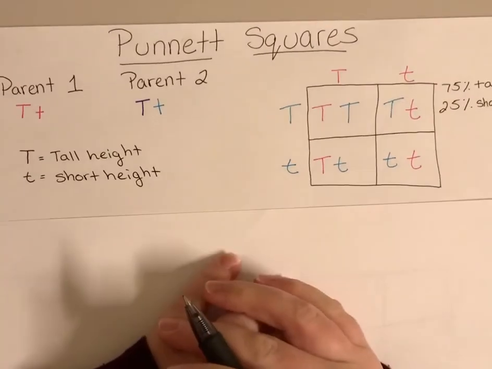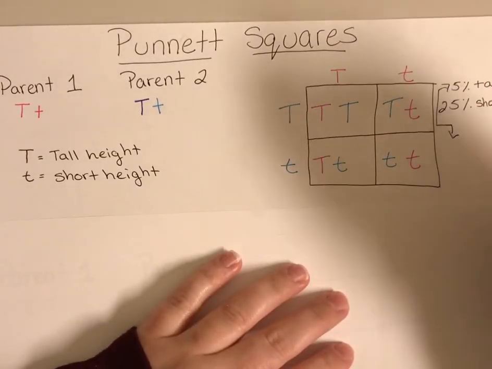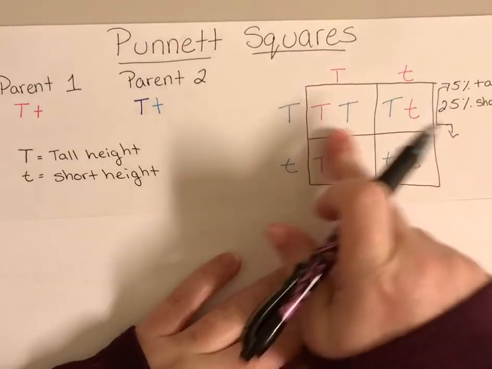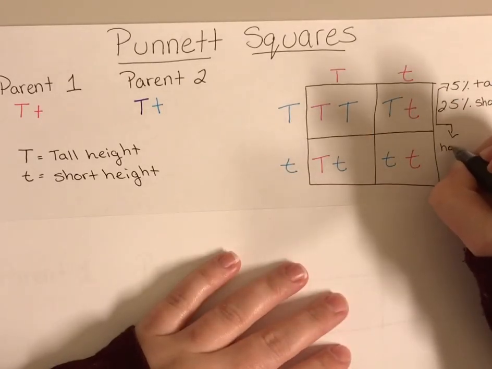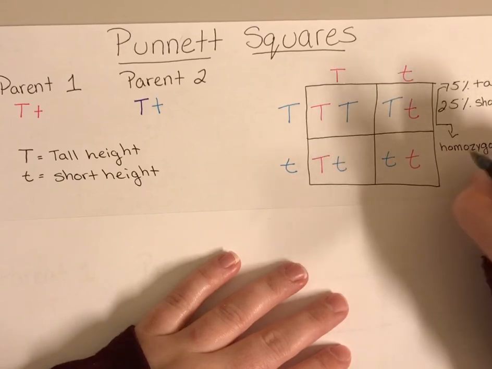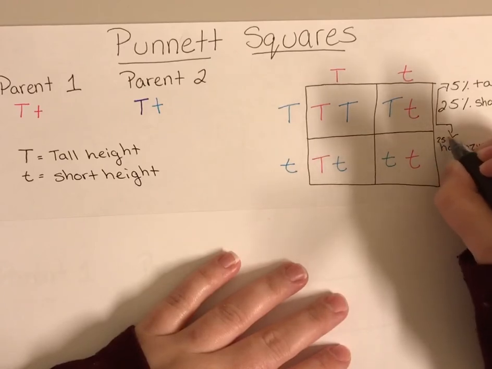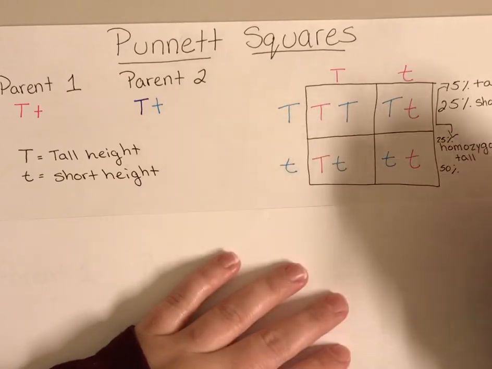Okay? Now we can further break down the tall. All right? And what we see is we're going to have 25% of the offspring be homozygous tall. And we're going to see 50%, so that was 25, and this is going to be 50%, be heterozygous tall.